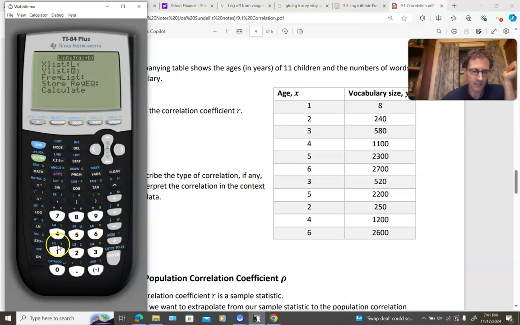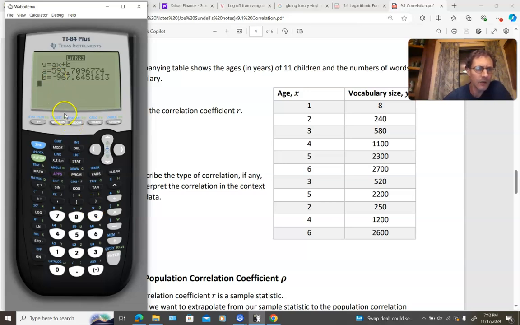And to access these lists, guys, there's a couple ways to do it, but the easiest way is just to hit second and then the corresponding list. So list 1, list 2, list 3, etc. And then all you need to do is just come down here to calculate, hit enter.